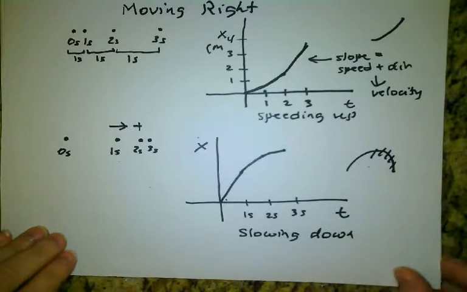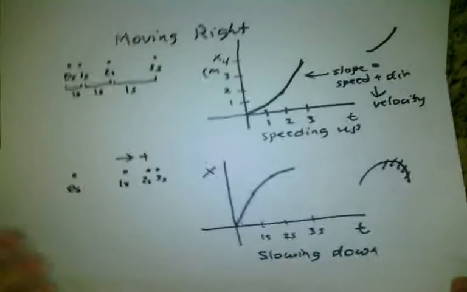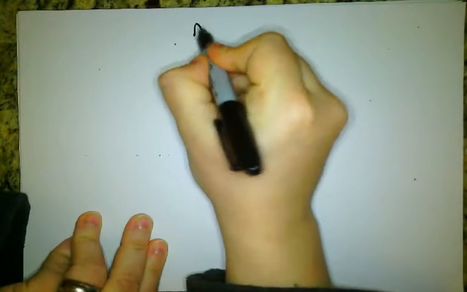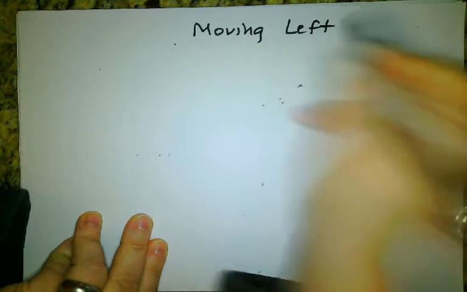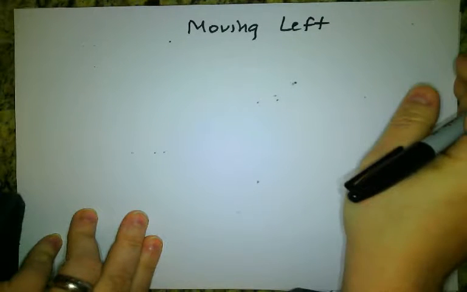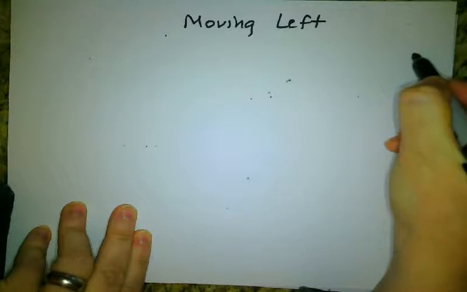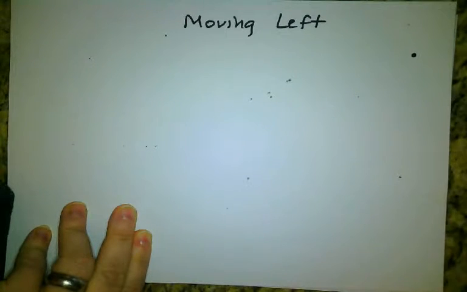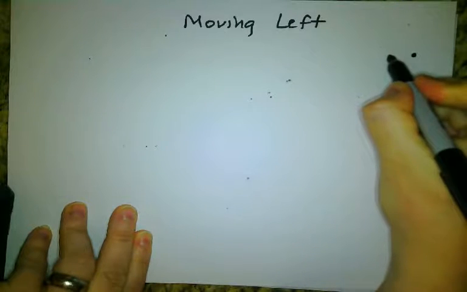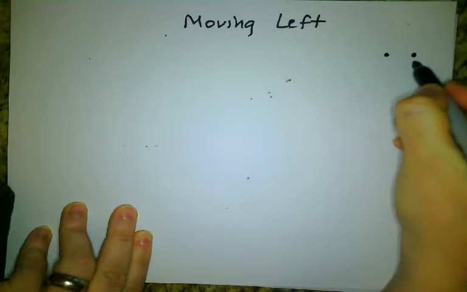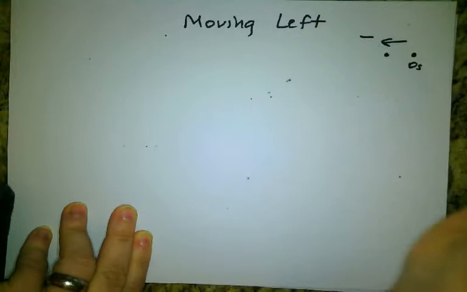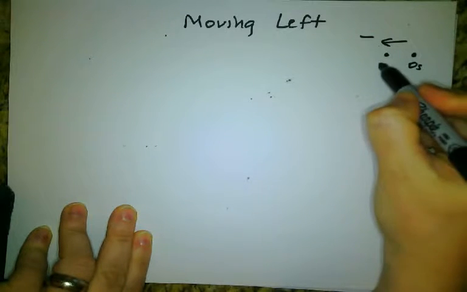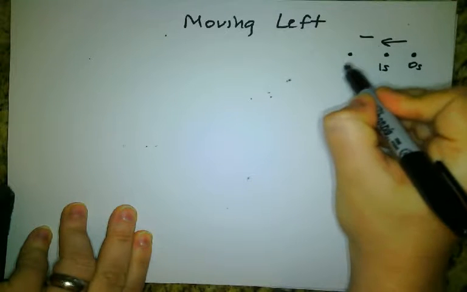Okay, so now we're going to take a look at moving left. So moving left, we have something starting on the right and moving toward the left. It's like writing in a foreign language. So again, you start at 0 seconds over here, and you're moving to the left, which is your negative direction. 1 second, 2 seconds.